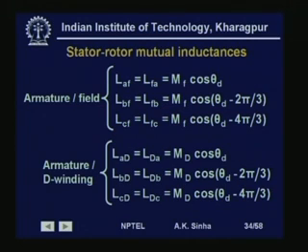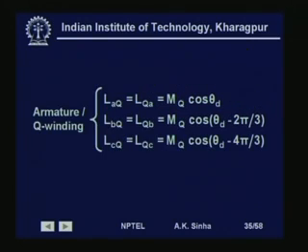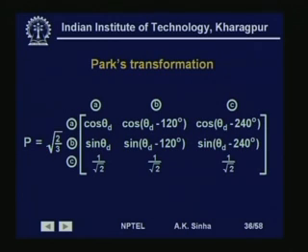In order to make this simpler, we use a transformation called Park's transformation. The idea of this transformation is to transform the stationary 3-phase winding of the stator into 3 windings, one which is in phase with the rotor, another which is in quadrature with the rotor, and the third one which is along the axis of the rotor.